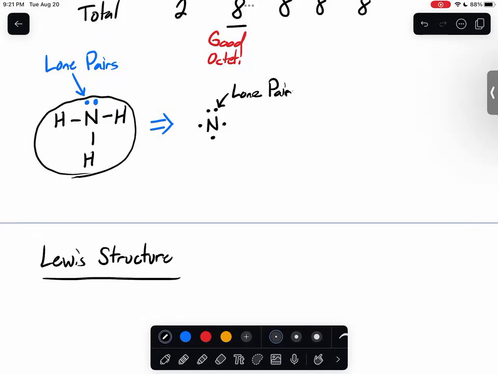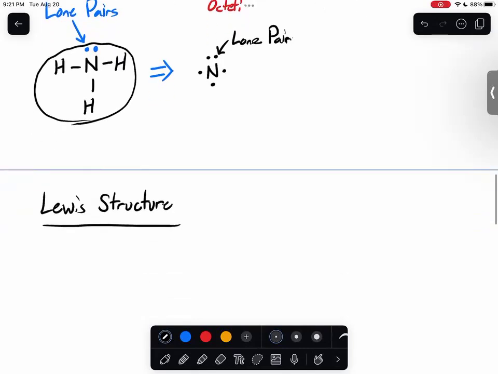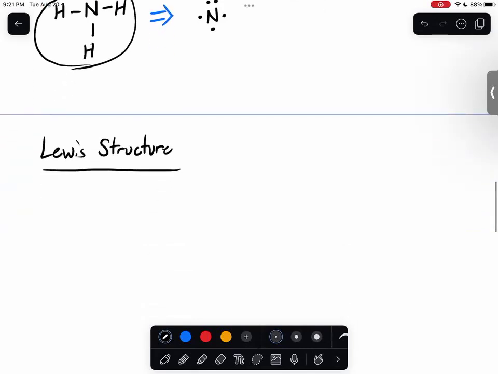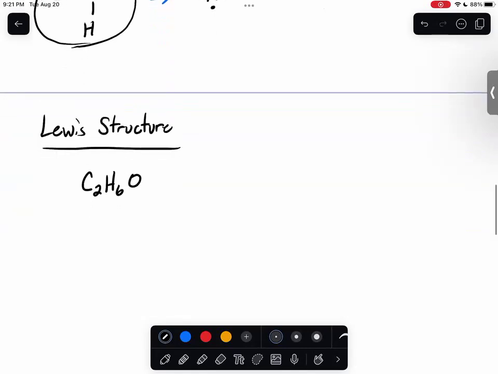We have our nitrogen, our hydrogens, all the bonds in between, and the lone pair electrons. So with that being said, we're going to move on to something slightly more complicated. And we're going to take a look at something like this molecular formula here, C2H6O. Now, if we're looking at a molecular formula and we want to make this into a structure, we actually have multiple options. And we'll take a look at those in just a second.